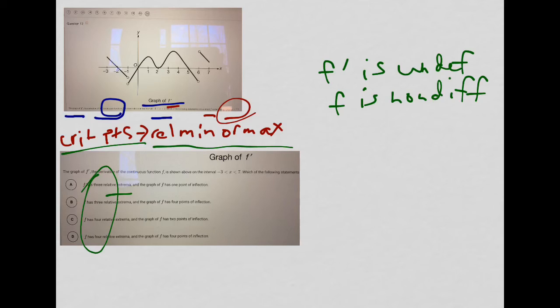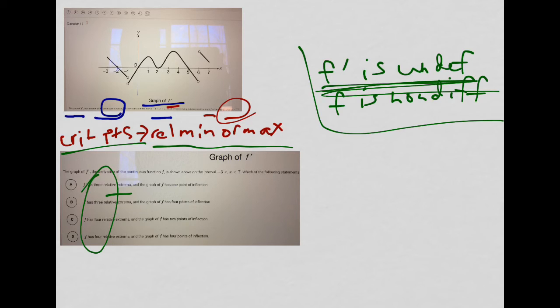In most cases, in that step, we're saying f is differentiable, or f prime is defined. But I always explain that means we don't have any extra critical points. But in this case, you do have critical points. There are plenty of places where f prime is undefined, so you can see that here and here.